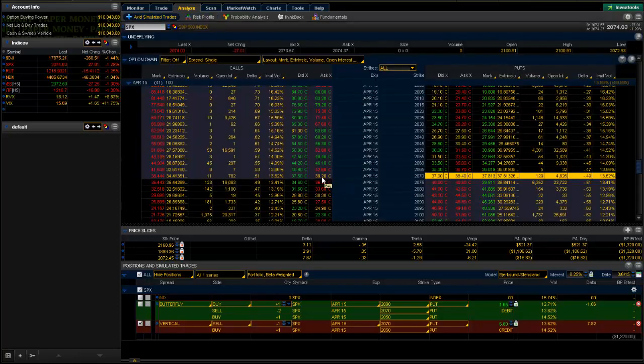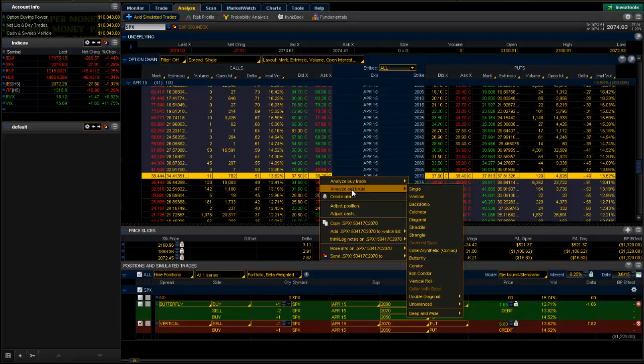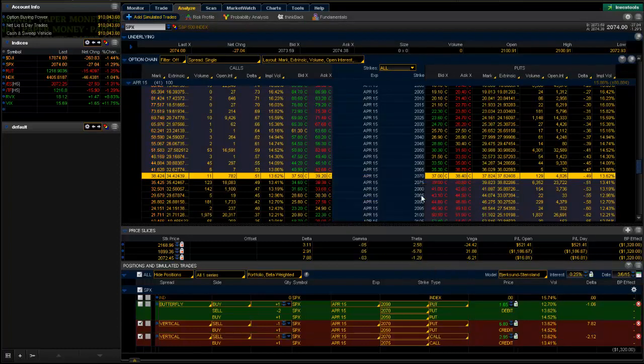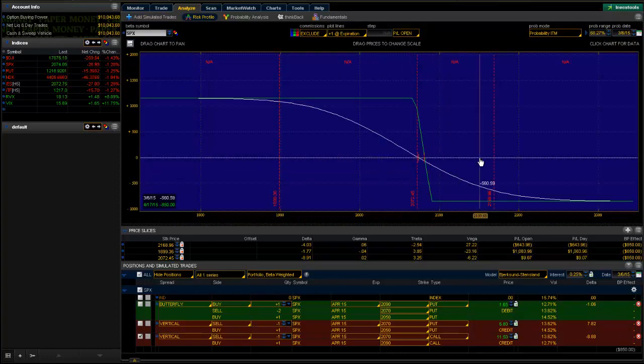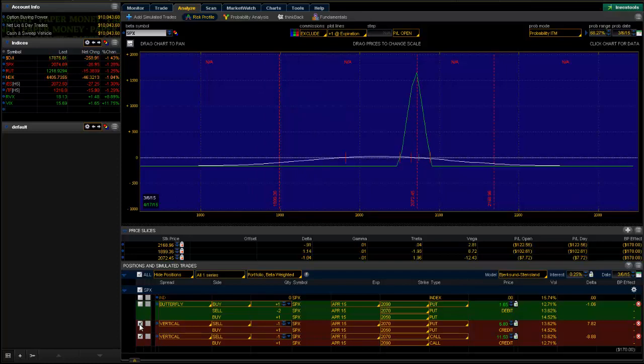If I do the same thing on the call side and analyze selling a vertical credit spread, 2070 is the short, 2090 is the long. Again, we have defined risk to the upside and defined profit potential to the downside. But notice how the short strikes overlap one another. They are exactly the same.